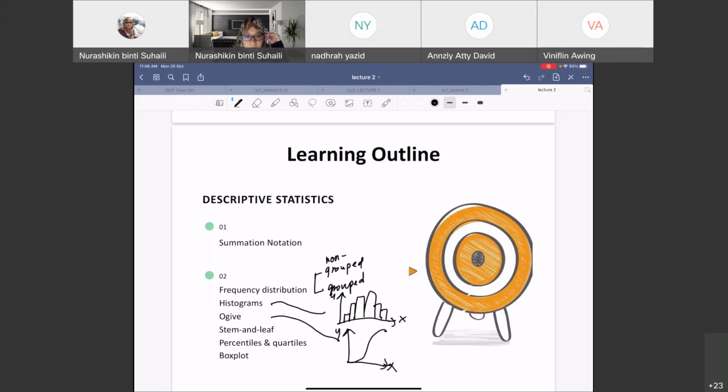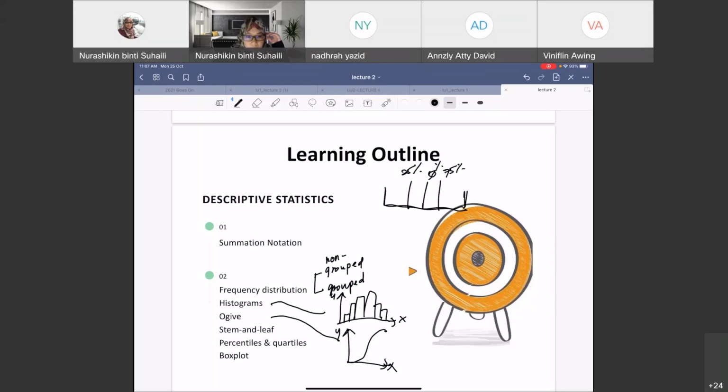And then percentiles and quartiles are how we look at the whole data and divide it into quartiles. Quartiles are 25% or 1/4, so at 25% of the data, how the data looks at 50%, and then at 75%. Okay, so that's quartile.